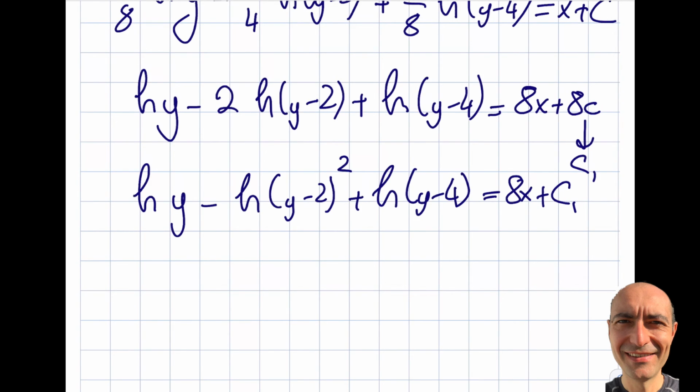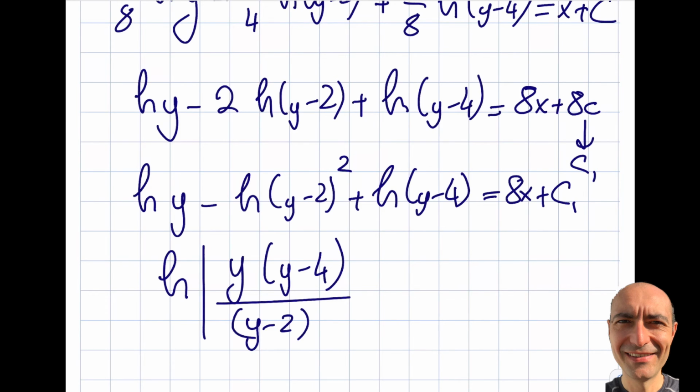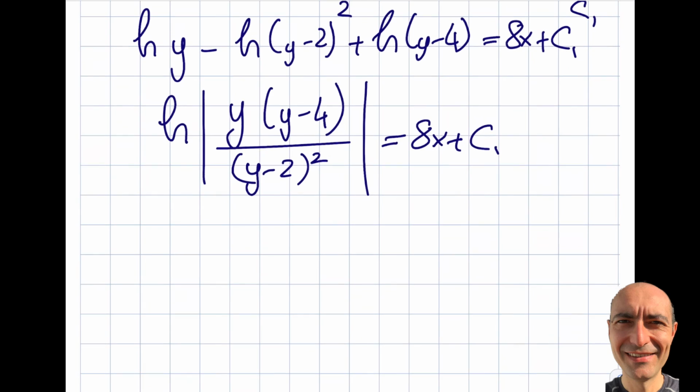I recommend that you study this. ln is only defined for positive values, so that's why I have these absolute value signs. And ln y plus ln y minus 4 becomes ln y times y minus 4. Please study these features of logarithms. Divided by y minus 2 squared will be equal to 8x plus c1.